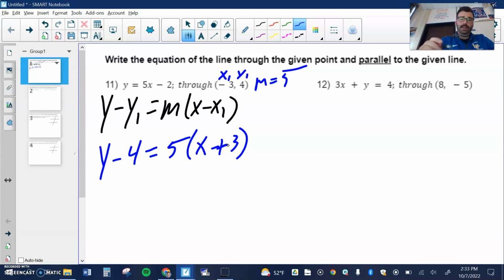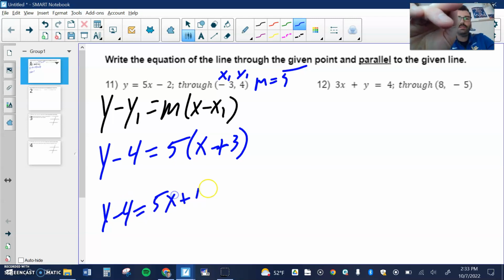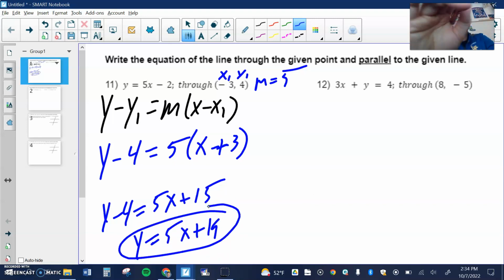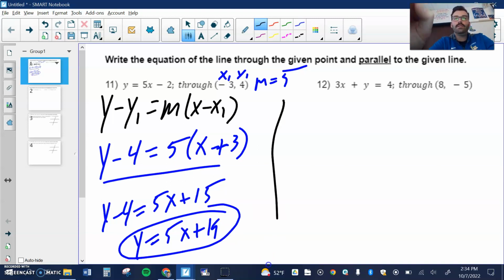Now you can either leave it like this, or you can distribute the 5 and get y minus 4 equals 5x plus 15. Add the 4, so y equals 5x plus 19. If you're a y equals mx plus b person, there is your answer.